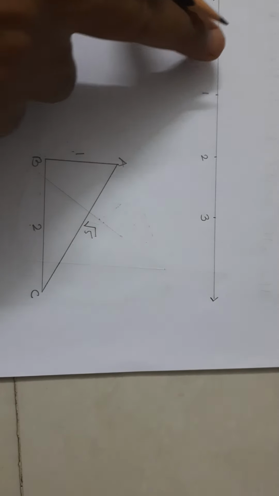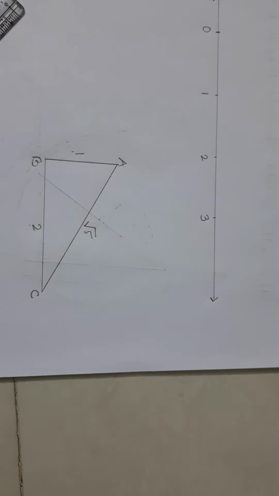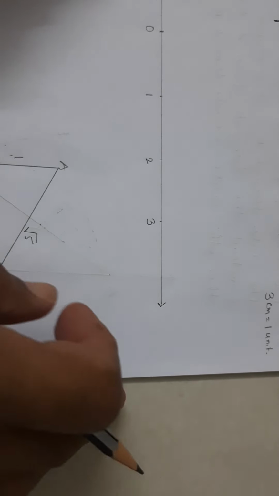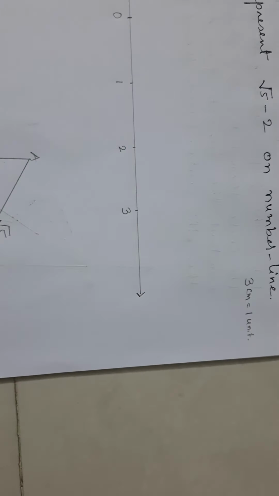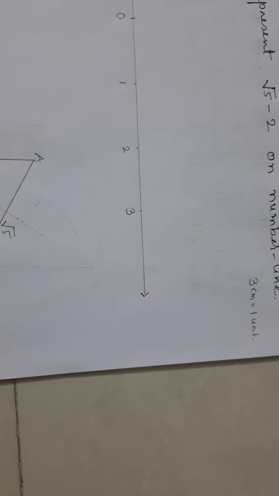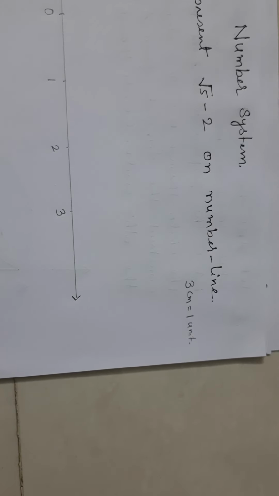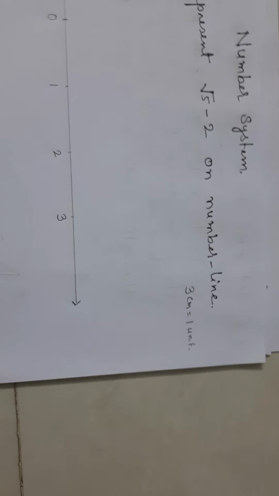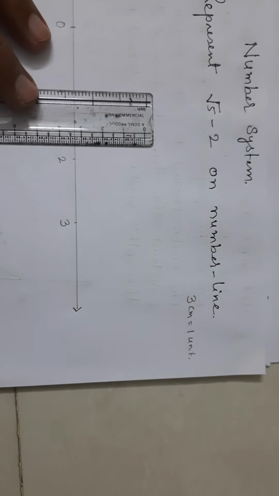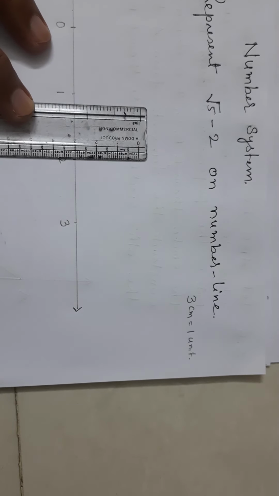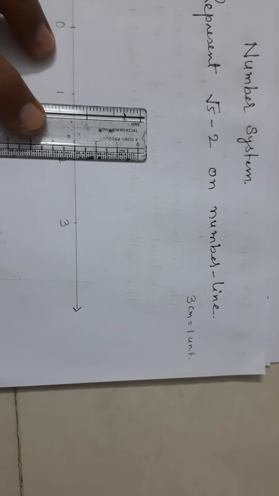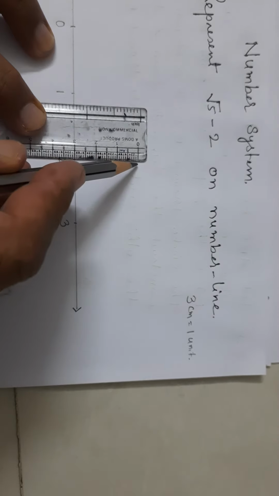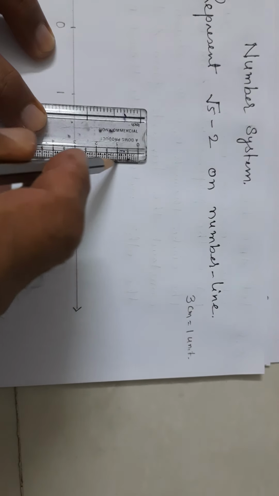So 2 we have already taken on the number line. 1 we need to take at right angle. So right angle you have to draw, and with protractor you will mark 90-degree mark, and you will draw 1 unit length line segment. 1 unit I have taken as 3 centimeters.